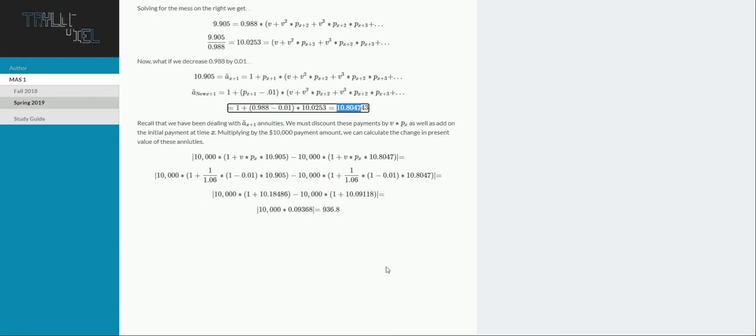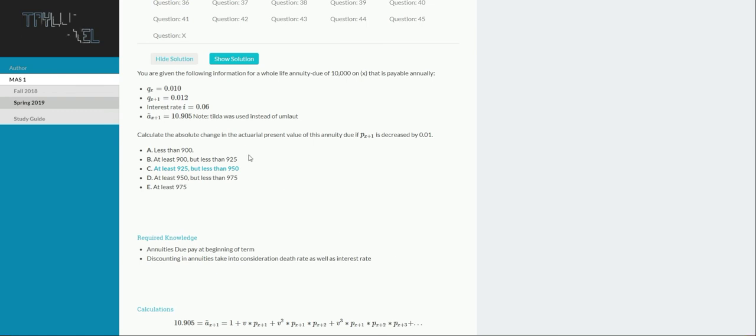So now we have a sense of how that impacts the annuity due of subscript X plus 1, but again we care about subscript X. Going back up to the problem, we need to calculate the absolute change in actuarial present value.